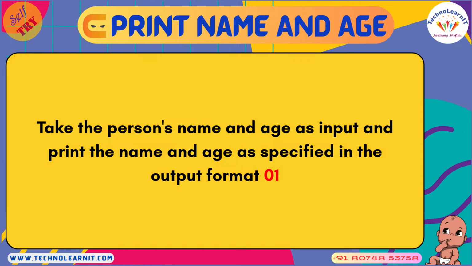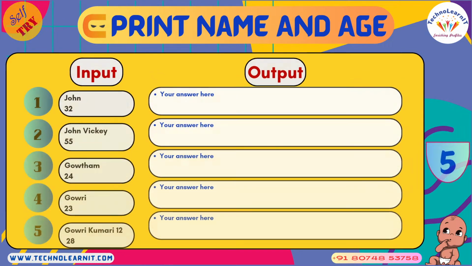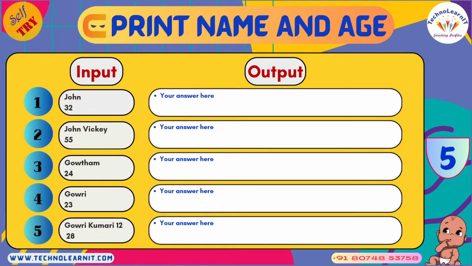We need to understand the output format before we decide how to print the output. As you see here, a couple of examples are given where if the input is John and 32 as the age, the output expected is this. You just need to print the name and the age on the same line.